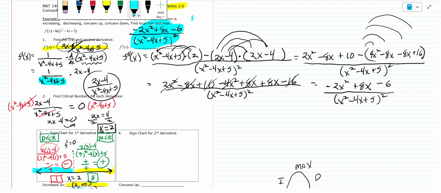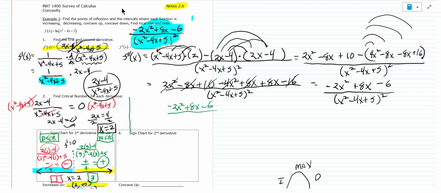Okay, so now we're ready to find the critical numbers. What you want to do is take that second derivative, write it down, and set that equal to 0. Okay, so we've got that. All right, now, what do we do to solve an equation like this?